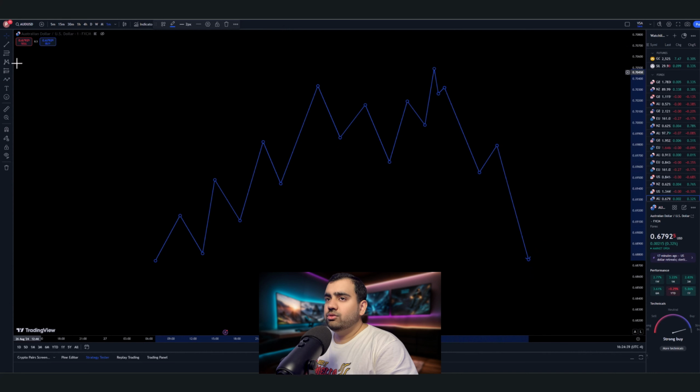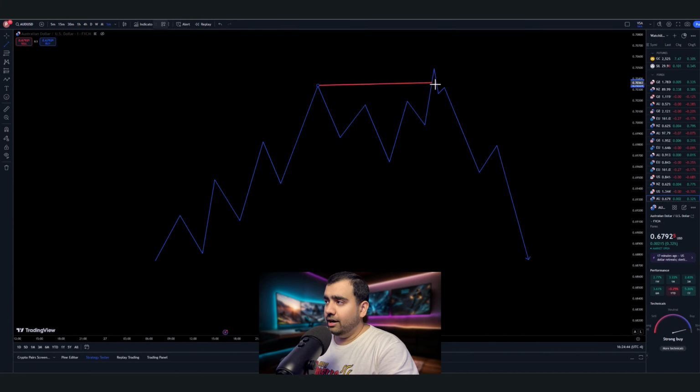Okay, well, you can see here this was the previous high level, and if you draw a line on that level, you can see there is a spike in the price which goes very sharply and then suddenly comes back and closes here and creates a new low, and the market is going downwards.